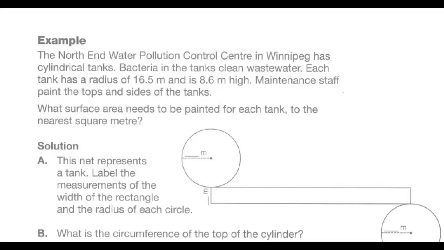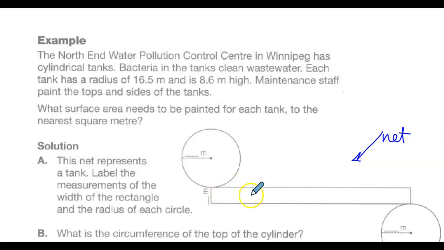The North End Water Pollution Control Center in Winnipeg has cylindrical tanks. Bacteria in the tanks clean wastewater. Each tank has a radius of 16.5 meters and is 8.6 meters high. Maintenance staff paint the tops and sides of the tanks. What surface area needs to be painted for each tank to the nearest square meter? So basically, this is a net. You may think, is that the cylinder there?